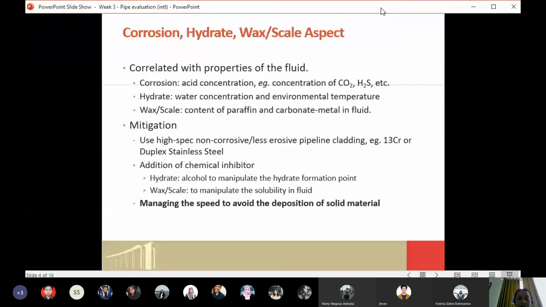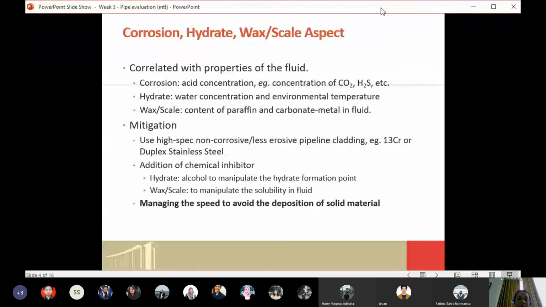For the hydrate, for example, the water and environmental temperature can create hydrate. If you have a hydrocarbon fluid and water, and the environmental temperature is quite low, they can produce hydrate.